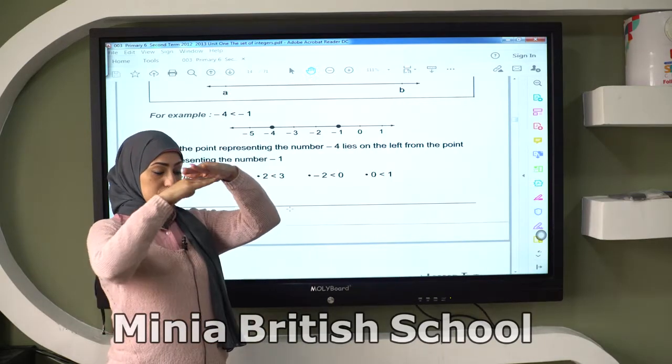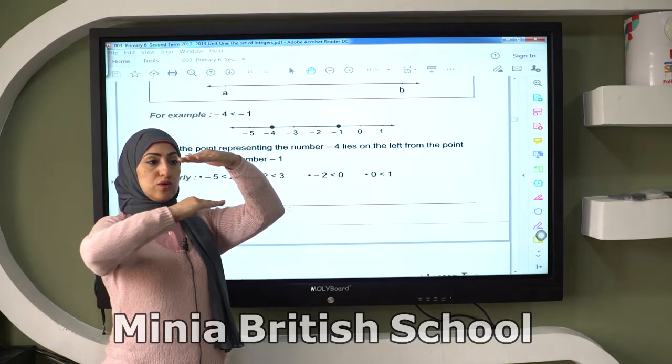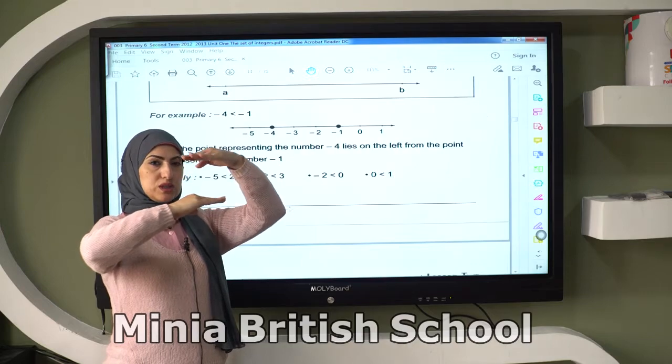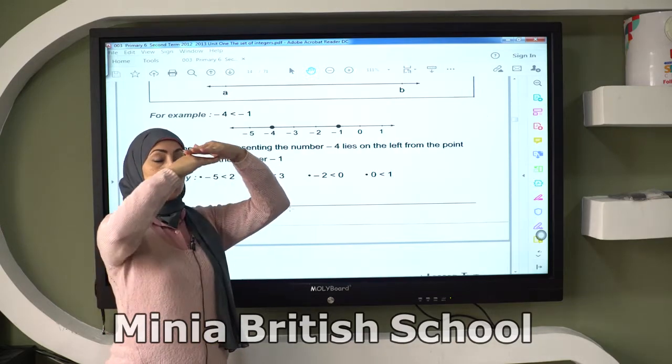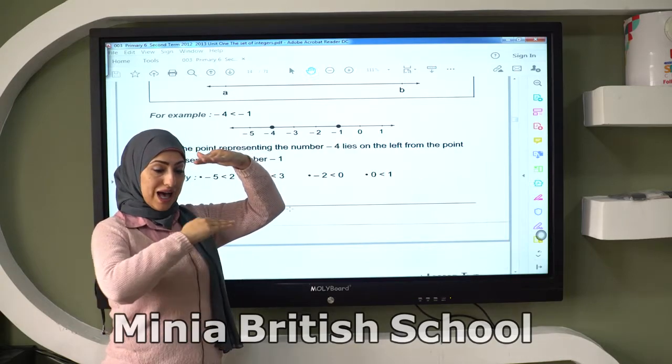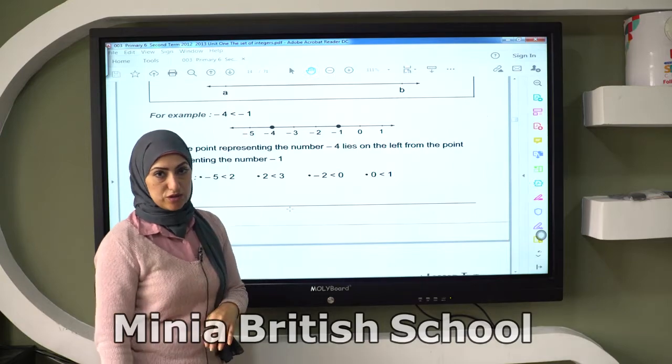And as I explained, here 0, negative 1, so the distance is smaller than 0 and negative 4. So negative 4, as we go down, will be smaller and smaller, okay?